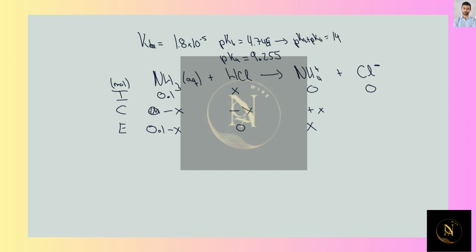Now, in the Henderson-Hasselbalch equation, we know that the pH needs to be equal to pKa plus the logarithm of the concentration of the conjugate base. In this case, the base is NH3 divided by the weak acid, which is NH4+.